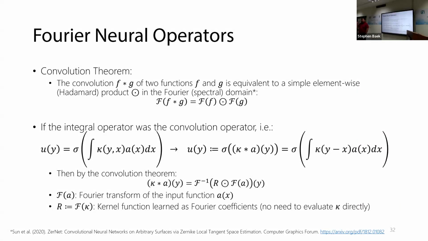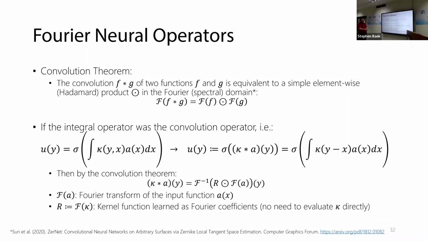And then for the actual kappa itself, we don't even need to learn it. We just need the Fourier coefficient R. So R is the parameter that you're trying to learn, and during training, the values of R will get updated.